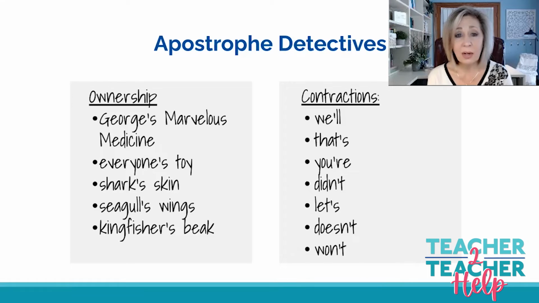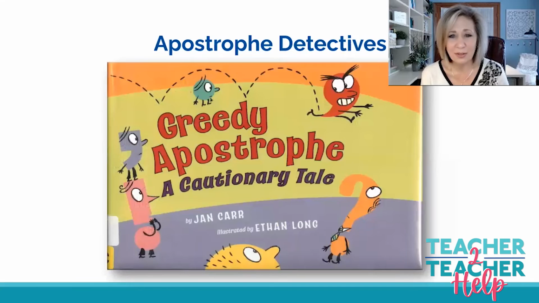Now, I would add here a third thing that I could have done is shown examples of plural possessives, not just singular possessives, not just singular ownership. I chose to only do these two categories because these were the examples that the students found. But I wanted to point out that if your students found those other examples, you definitely want to teach into that as well. So the next thing I did was read to my students this book, The Greedy Apostrophe.